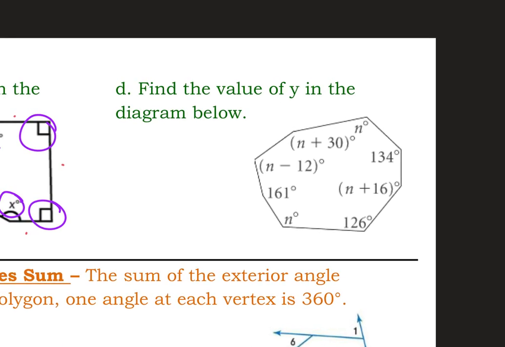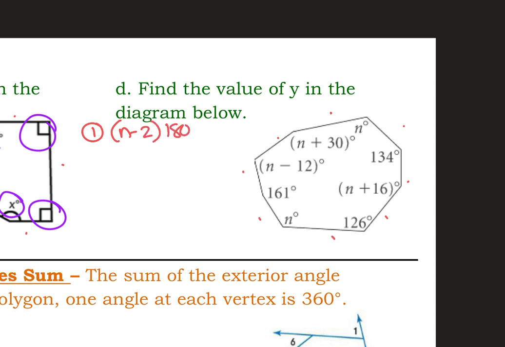On letter D, the first thing we're going to do is decide how many degrees are in that shape. So for step 1, we're going to count the sides: 1, 2, 3, 4, 5, 6, 7, 8. There are 8 sides. So what's the formula we use? N minus 2 times 180.